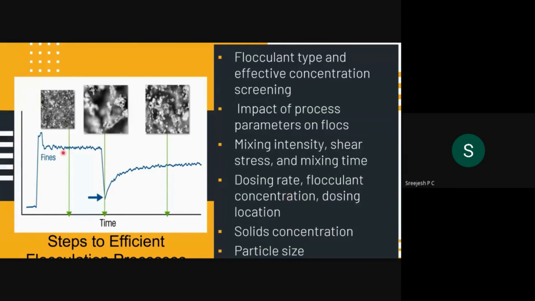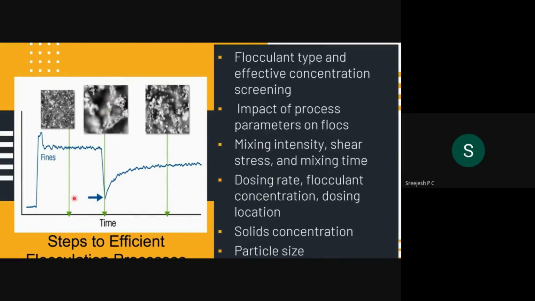This is a graph indicating the different events during flocculation. The first event is coagulation. When you add the coagulant, the fines, that is the microflocs, will be formed. Now there is a particular time at which the macroflocs are formed.